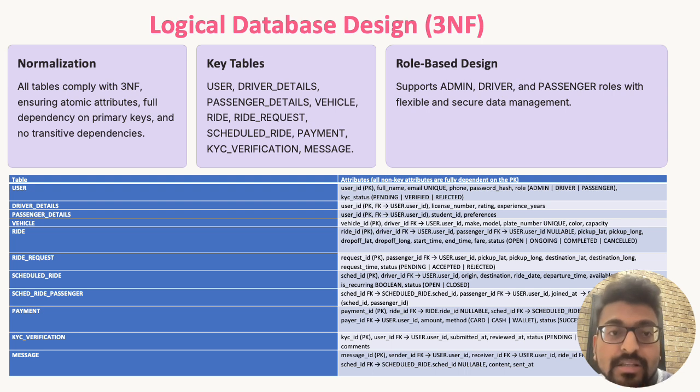That means a driver has exactly one driver detail row, with license number, rating, and years of experience, while a passenger has exactly one preference record. Storing role-specific attributes in separate tables keeps the base user record slim and avoids lots of nullable columns. And the role-based design, as we talked about, has admin, driver, and passenger roles with flexible and secure data management.